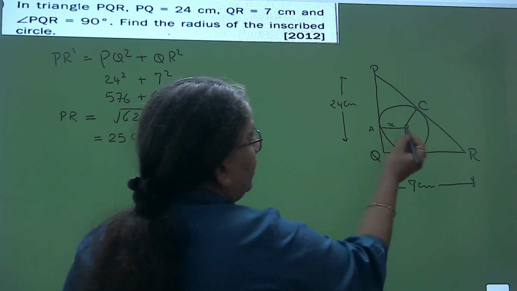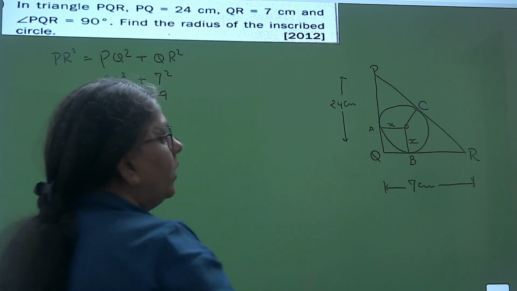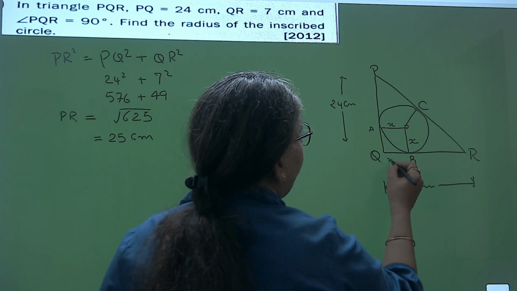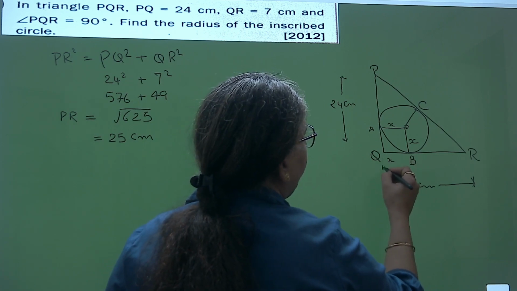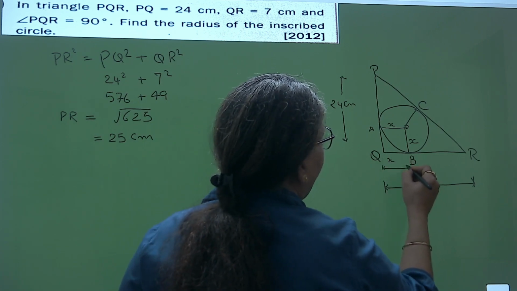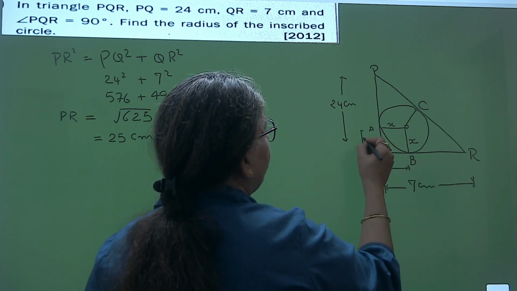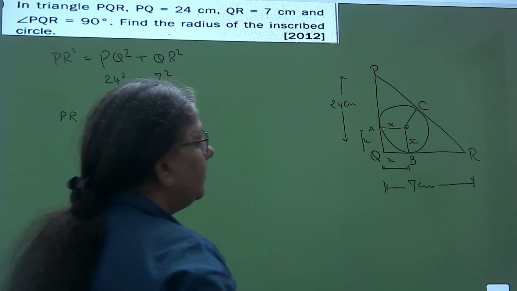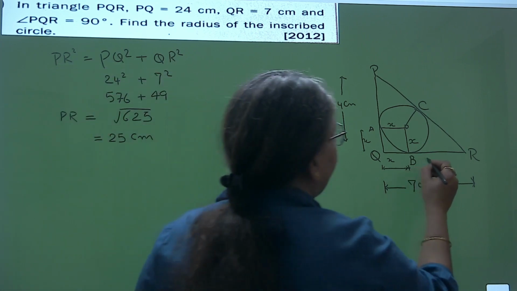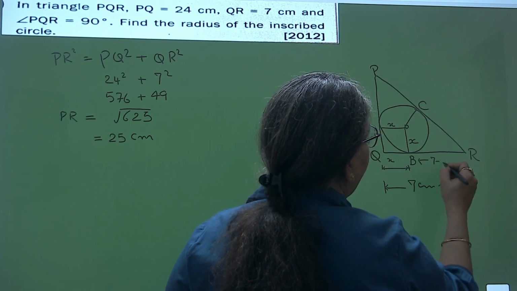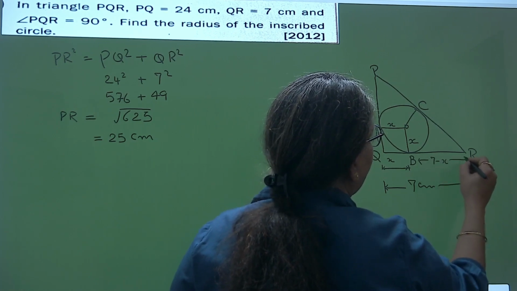This distance is X. QB is X and AQ is also X. So BR will be 7 minus X.